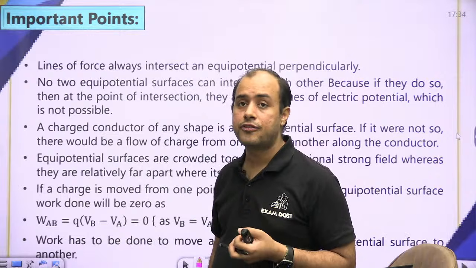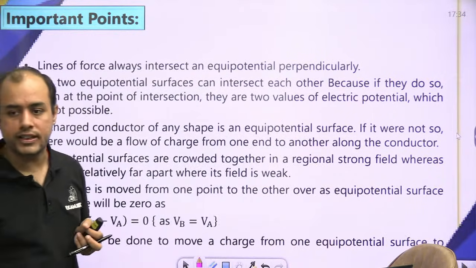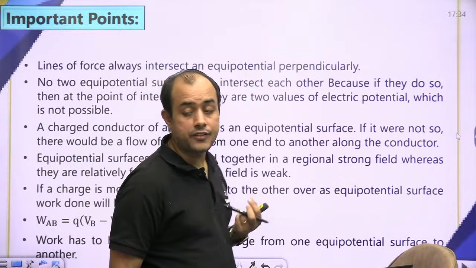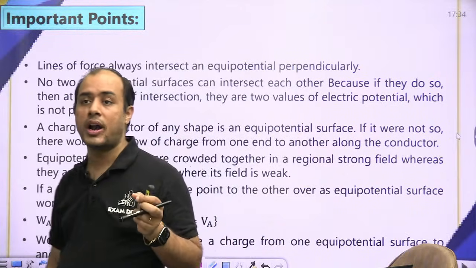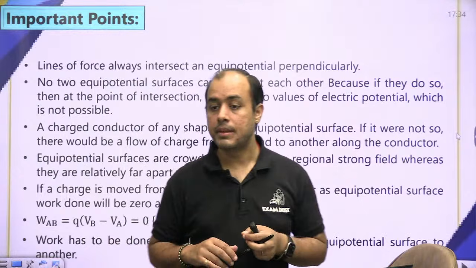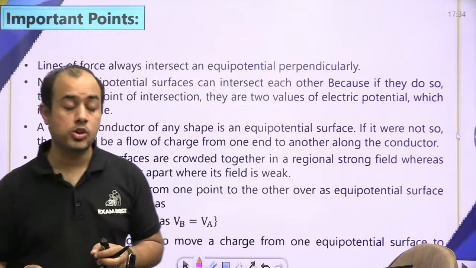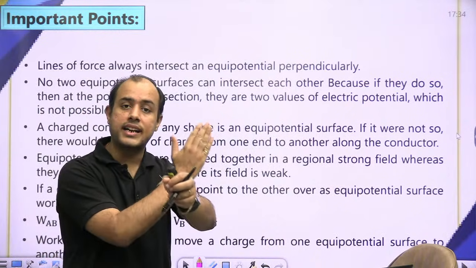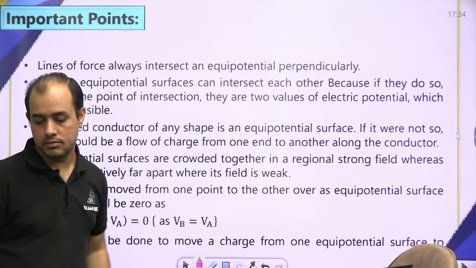So the lines of force or the electric field lines will be perpendicular to the equipotential surface. Equipotential surfaces cannot intersect each other because at one point you cannot have two values of electric potential. एक equipotential surface के लिए एक value potential की होती है, तो जहां दोनों कट करेंगे उस पॉइंट पे दो value potential की मिलेंगी, which is not possible.